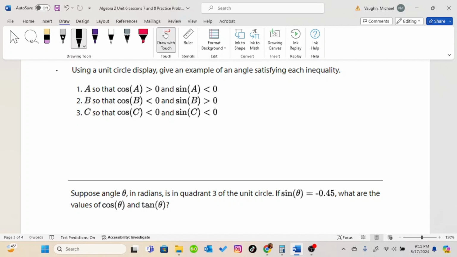Using a unit circle display, give an example of an angle satisfying each inequality.